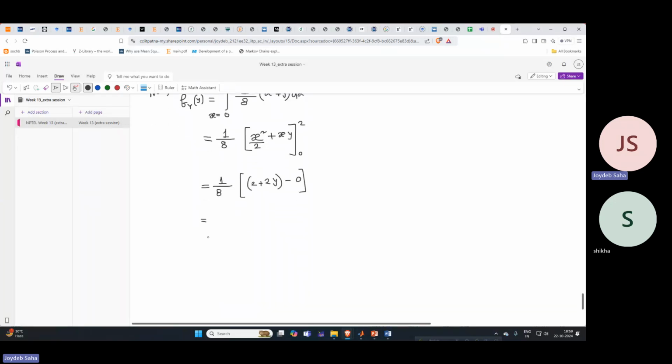So in the similar manner we are getting it 1 upon 4 (y plus 1) for 0 less than y less than 2.